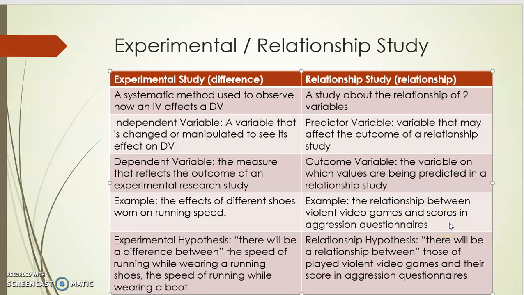Okay, so in this example, the predictor variable, which is the variable that may affect the outcome, is the violent video games. The outcome variable is the variable on which the values are being predicted in the relationship study, which is the score of the person in the questionnaire.